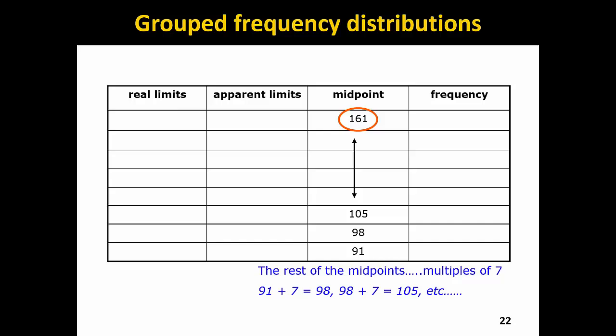Recall our highest heart rate observed was 160, which will be captured in this interval. So 91 plus 7 is 98, which is the next midpoint. 98 plus 7 is 105, the next midpoint. And we continue to move upwards until we get to the last midpoint that captures the highest observed value from the raw data.